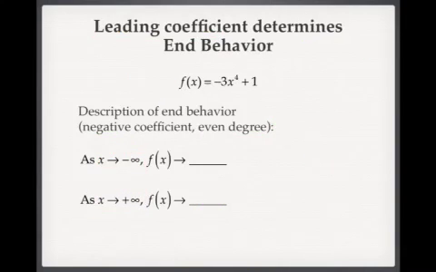Okay, let's look at another one. Minus 3x to the fourth plus 1. Okay, we have another even degree function. But this time we have a negative coefficient. So what happened with a negative coefficient with a parabola? It turned upside down.